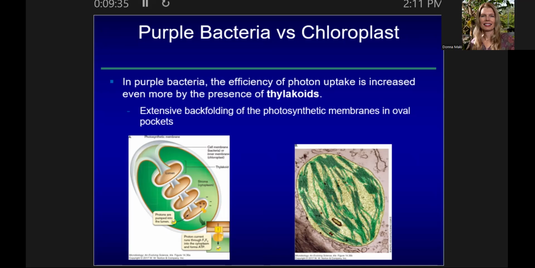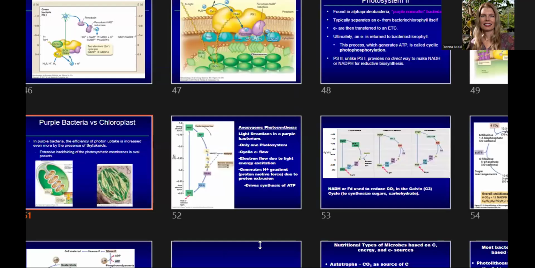They can really jam it full so that they can do as much as they can with ATP formation. So they try to make up for it by beefing up their cellular membrane so that they can really pack it jammed full and get a lot more because of that increased surface area.